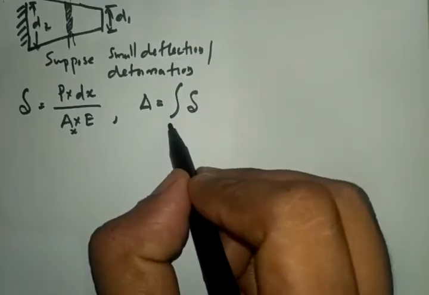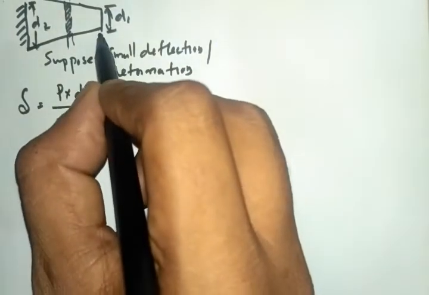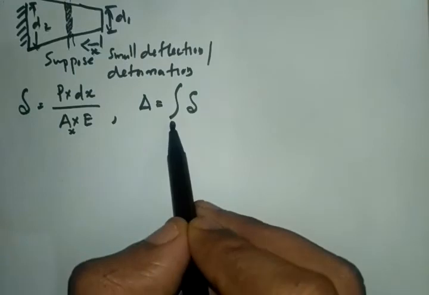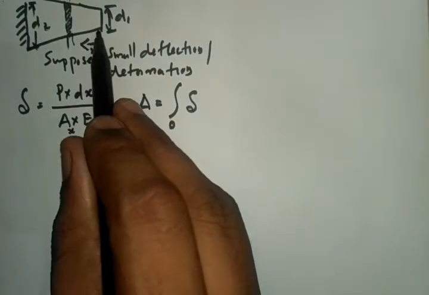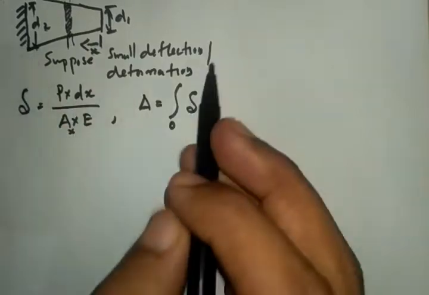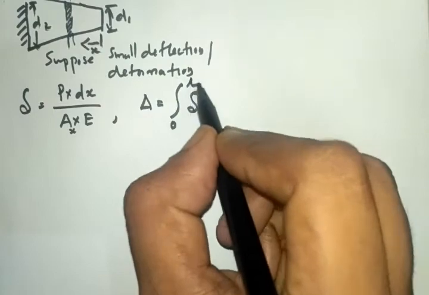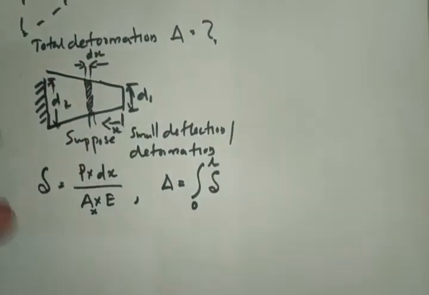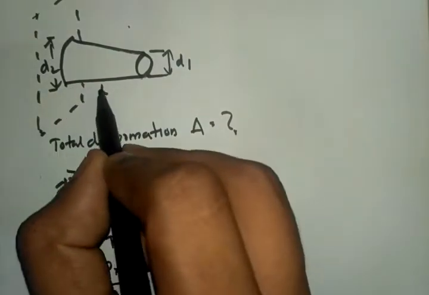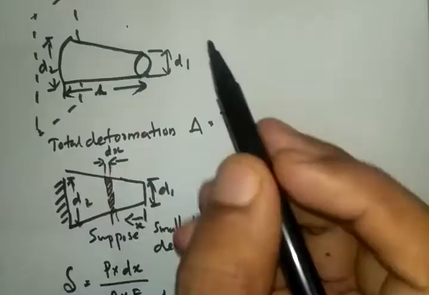So the limit will be from 0, if you start x from here, the x value is 0, to the end point, that is when x is equal to L, small letter L, because this is the length of the member.